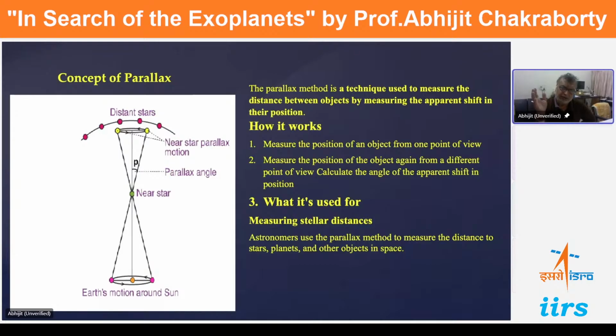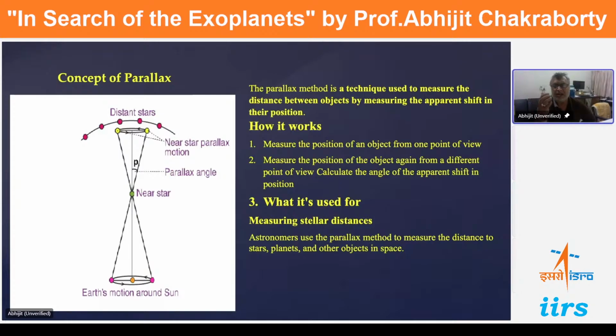The trees that are very far away look almost constant, like they're hardly moving. Everyone must have experienced this as a child when sitting on a train and looking outside the window. So basically, this happens because of parallax.